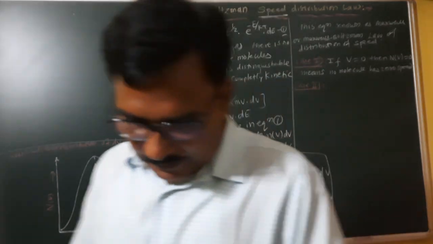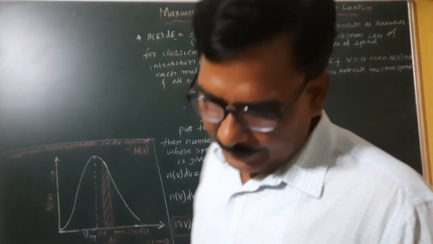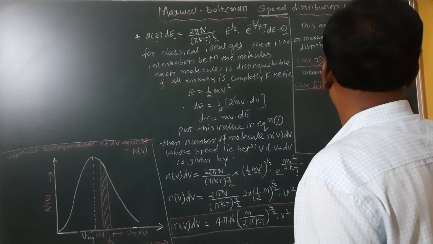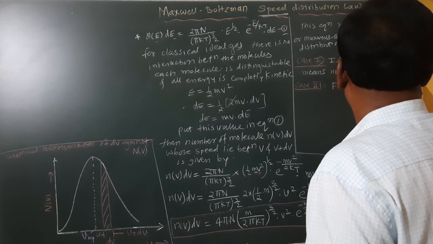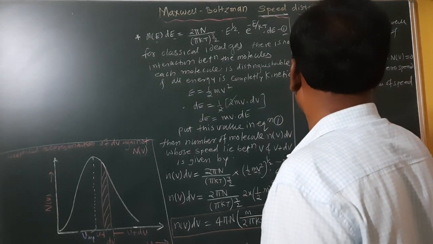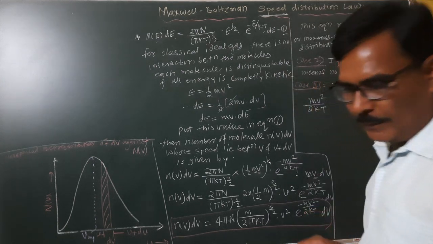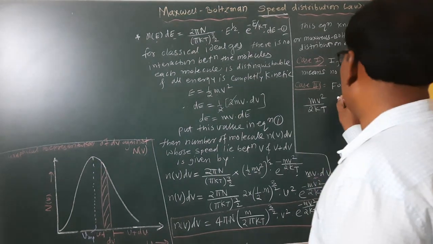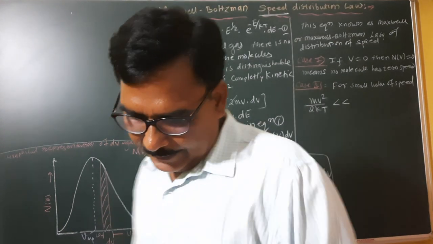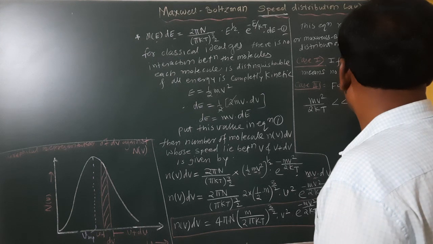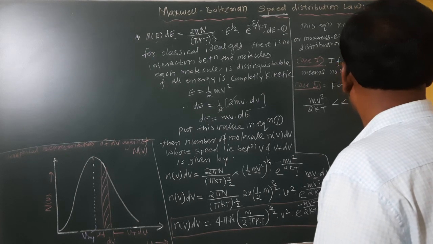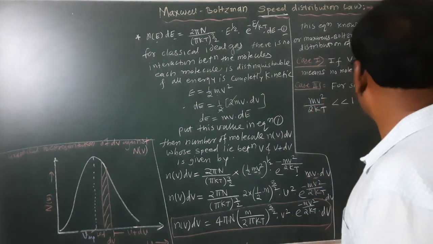In case number 2, for a small value of speed, m v square upon 2 k t is very, very less than 1, and e raised to minus m v square upon 2 k t is equal to 1.